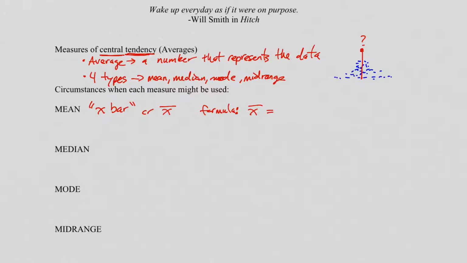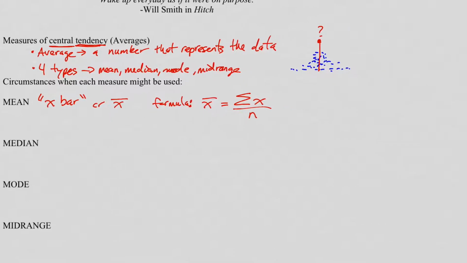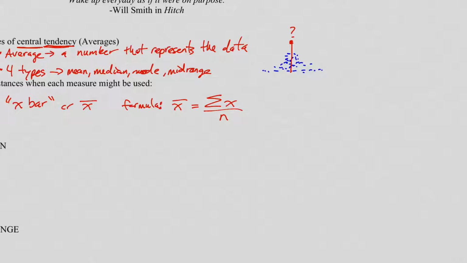The formula is the sum of all the x's divided by how many x's, how many values. So for example, if you have 3 grades, this symbol means the sum.